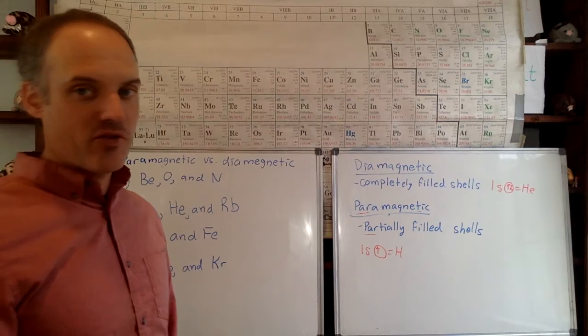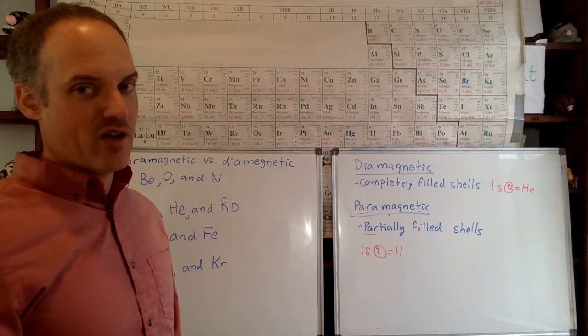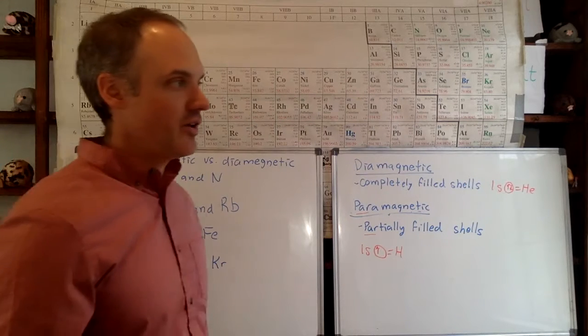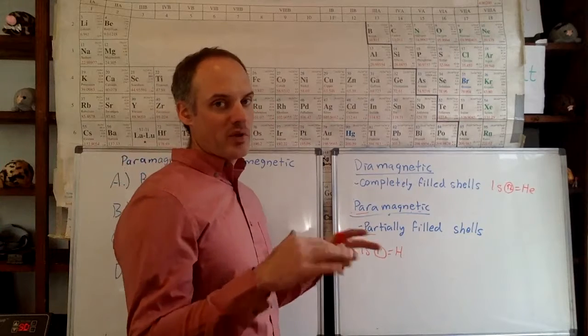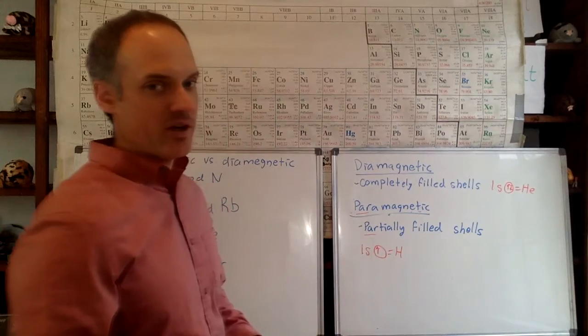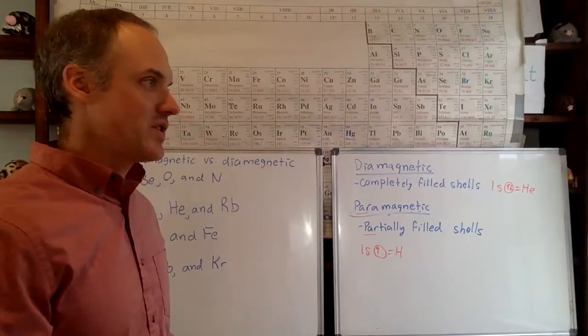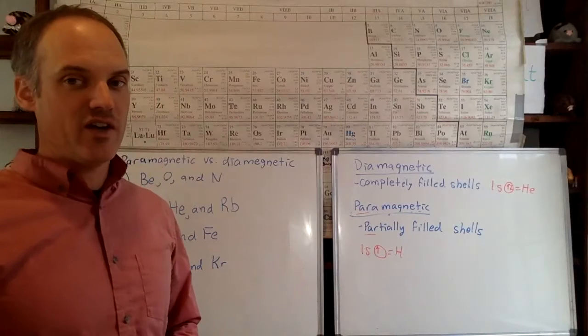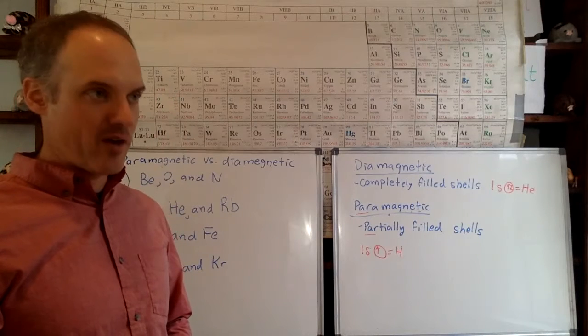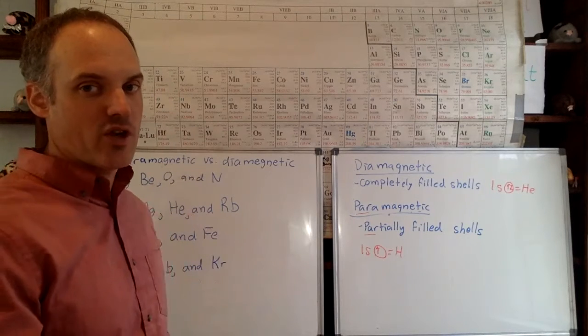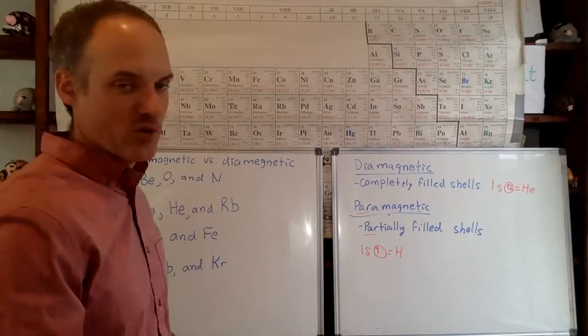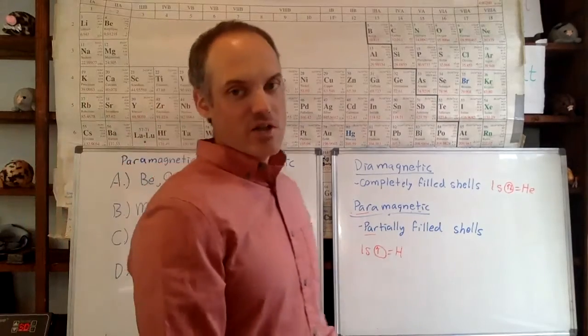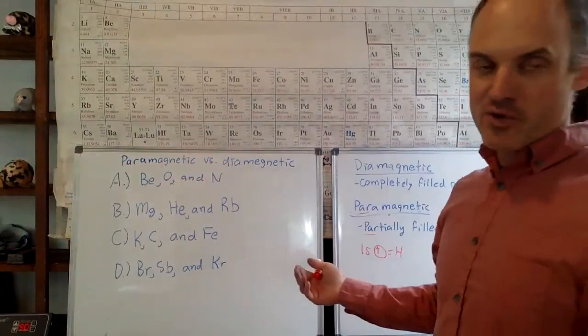It's a completely filled s subshell, and it's also a completely filled first period. So it's kind of a neat one where it only takes 2 electrons, but that's as much as you can fit in the first principal shell, principal quantum number 1. So let's look at our examples over here.